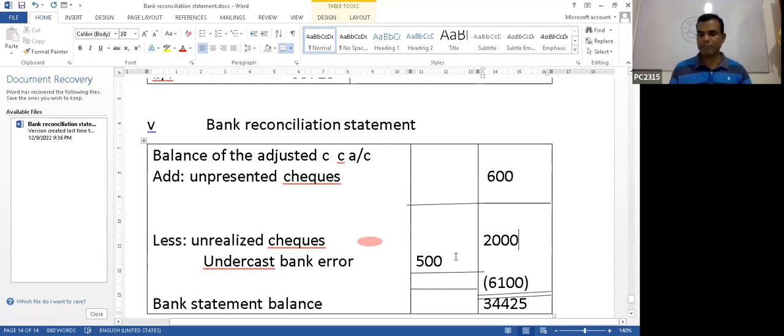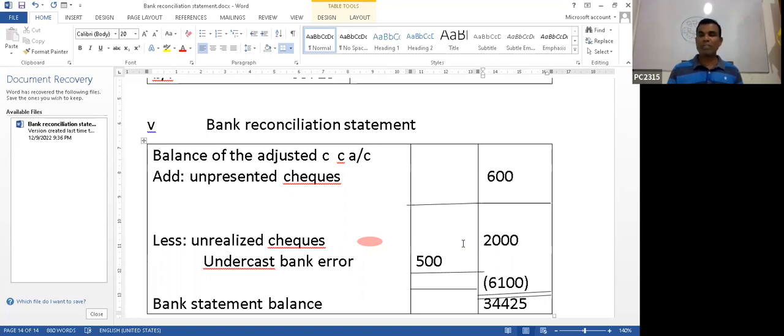And then there is another one, error committed by the bank. Because you know that January 15th transaction, according to the bank statement, withdrawal 2,000 is there, but it is not available in the cash payment journal.